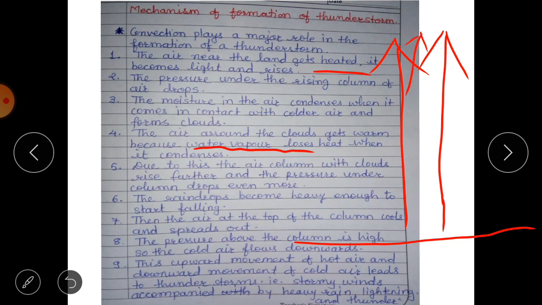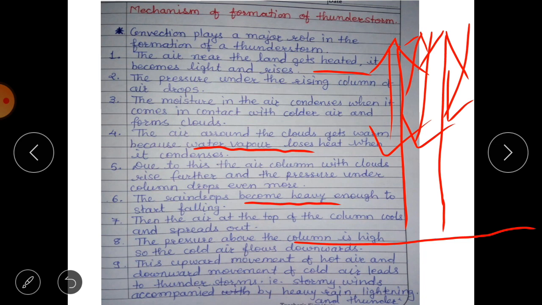Then what happens? The raindrops in the clouds become heavy due to this condensation, and they start falling down.